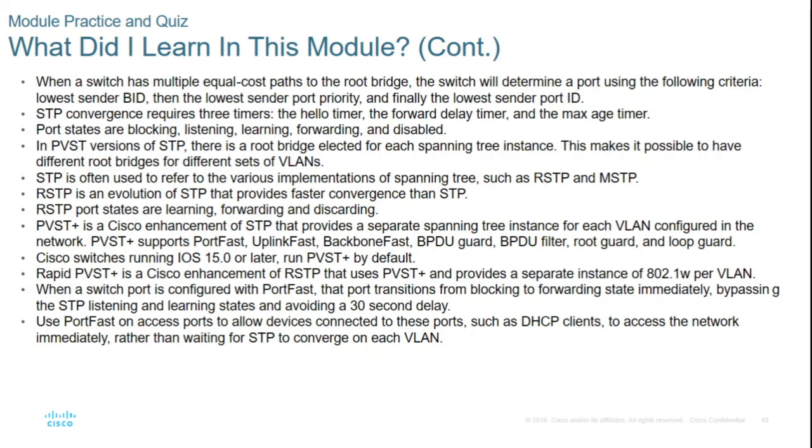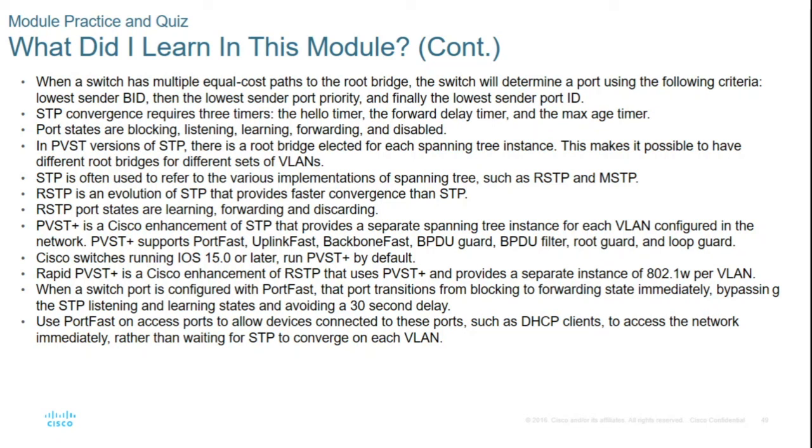Port states are blocking, listening, learning, forwarding, and disabled. Also, in PVST, multiple instances of spanning tree are supported, allowing different root bridges for each and every VLAN configured on the network.